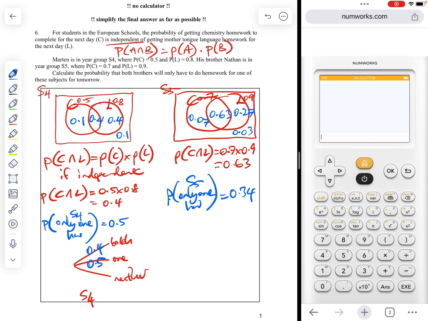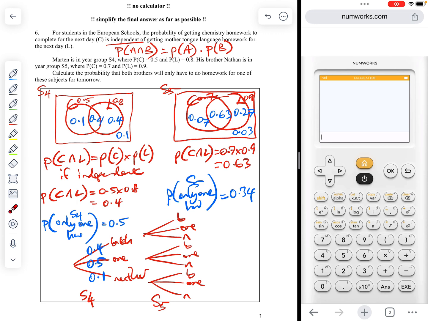We have 0.5 for only one homework and 0.1 for neither. After that, we could have both, one, or neither for S5.